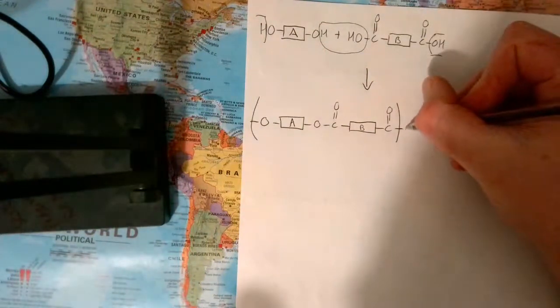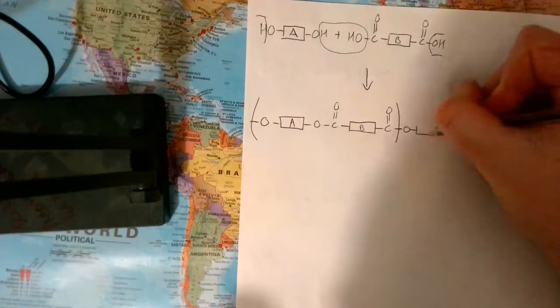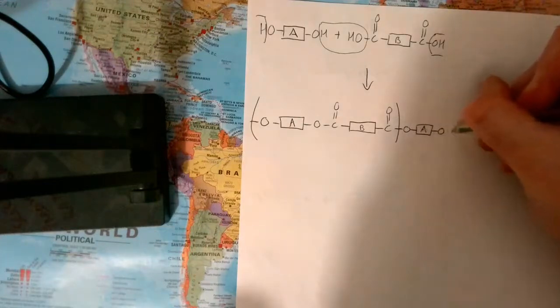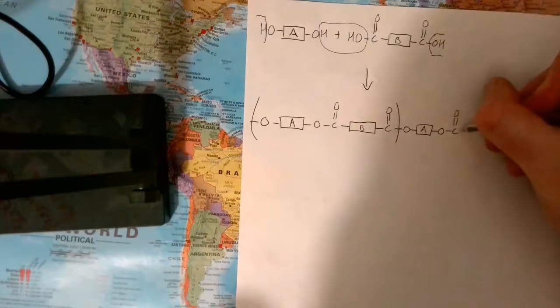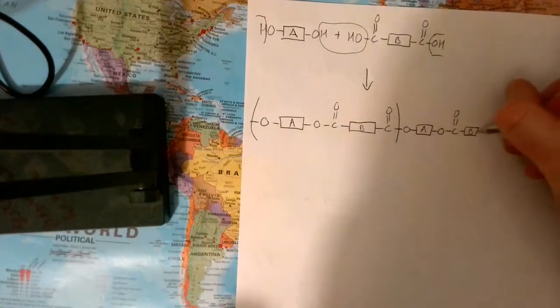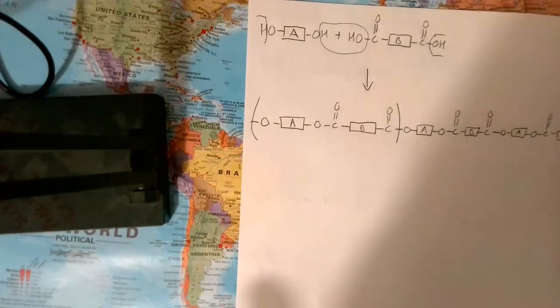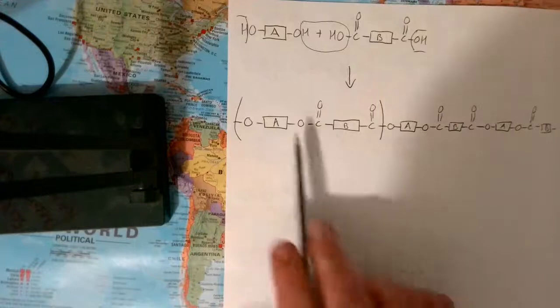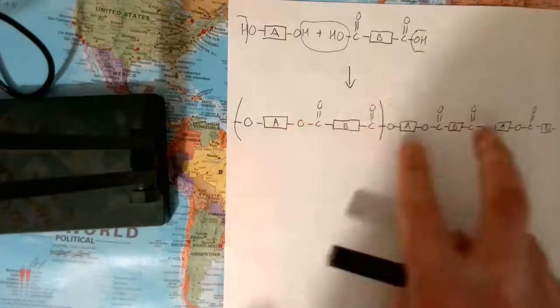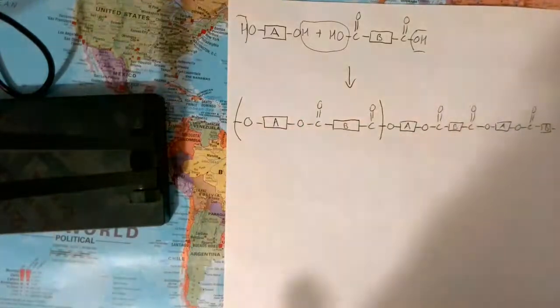I'll show you here. You would have the next A, and then you would have the next B, and then you would have the next A, and then you would have the next B, and it would just keep going on and on and on. You see there's a repeating pattern where it goes A, B, and you've got these ester links.